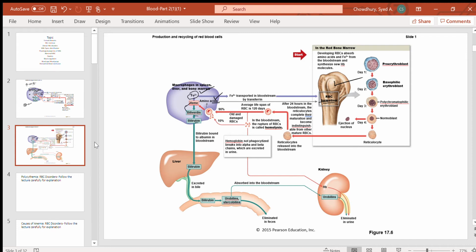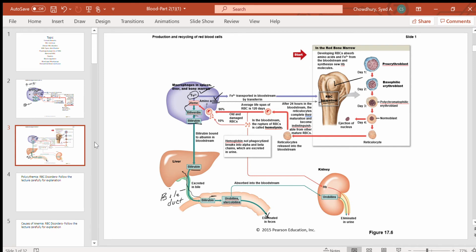Now you see here, bilirubin goes to the liver and through the bile duct. This is the bile duct. That takes the bilirubin from the liver to the intestine. This is your intestine, and will get mixed with the food stuff and will get out with the stool or feces.